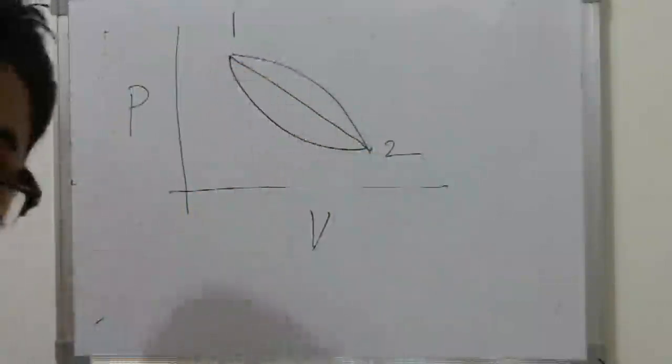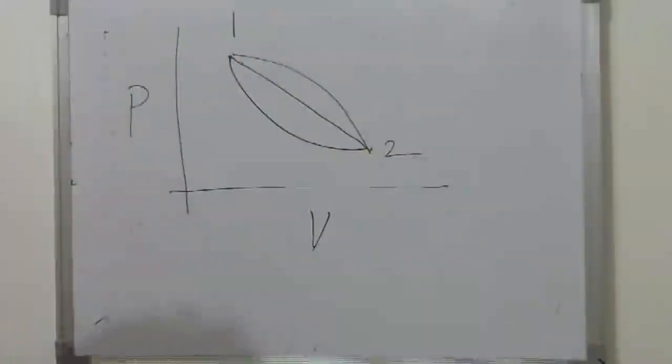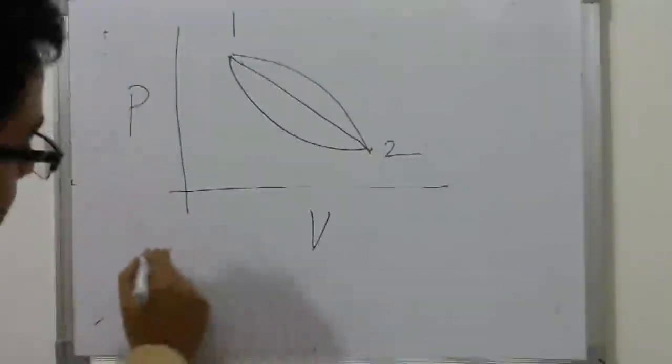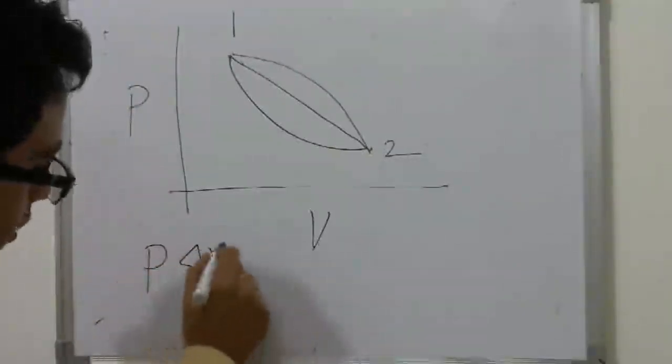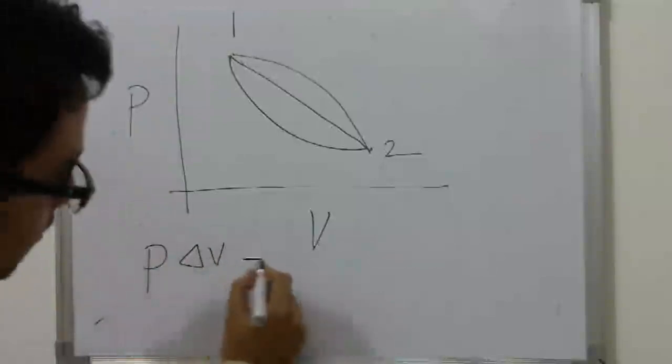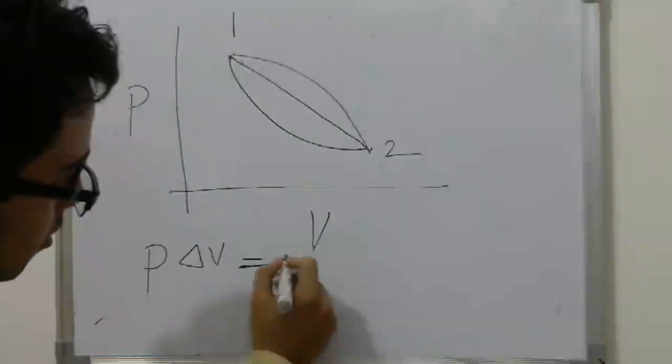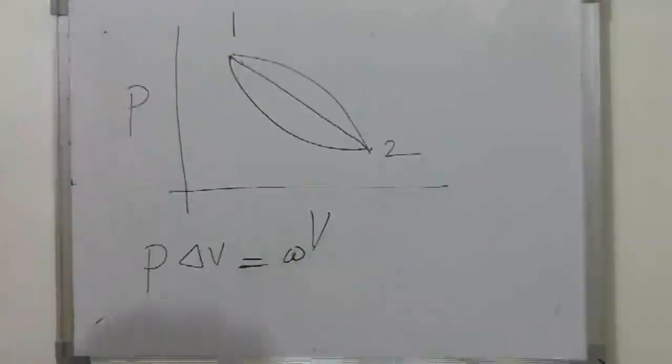Note, in each of these steps, the work done by the system is different. So in thermodynamics, the work done by the system is given by P dV, which is written as W. So work done is pressure multiplied by volume.